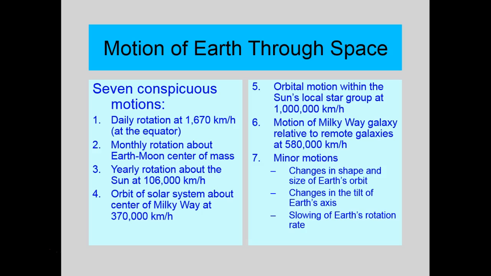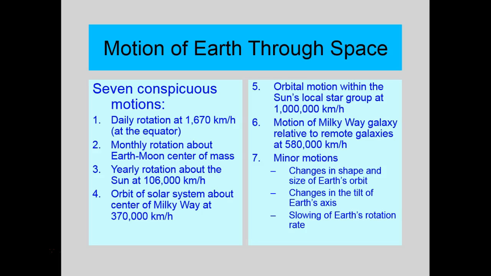Remember, the Milky Way has that blob in the middle, the galactic mass of stars there that's in the center. We're on one of the spirals about 2/3 of the way out, so we're spinning around that center of the galaxy.